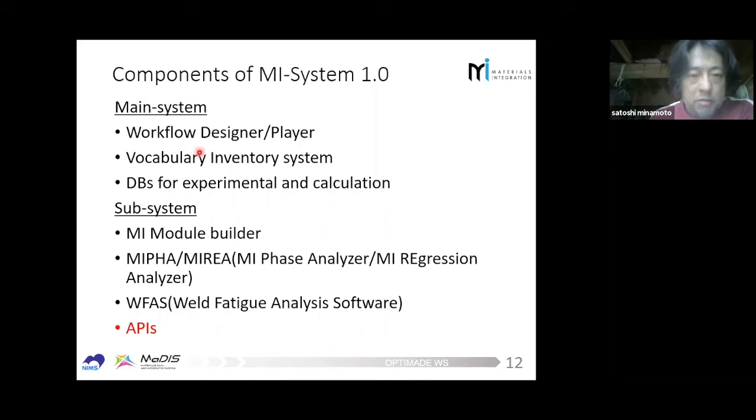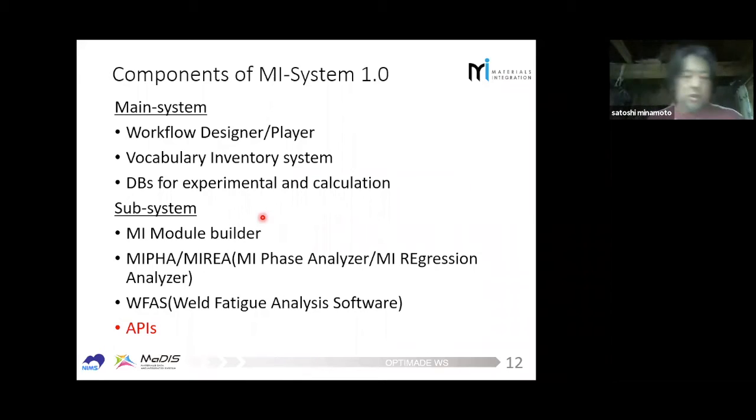by designing the workflow. So the main system consists of the workflow designer and player, the vocabulary inventory system, and a database for experimental and calculation results. And as a subsystem, we made several specific software.